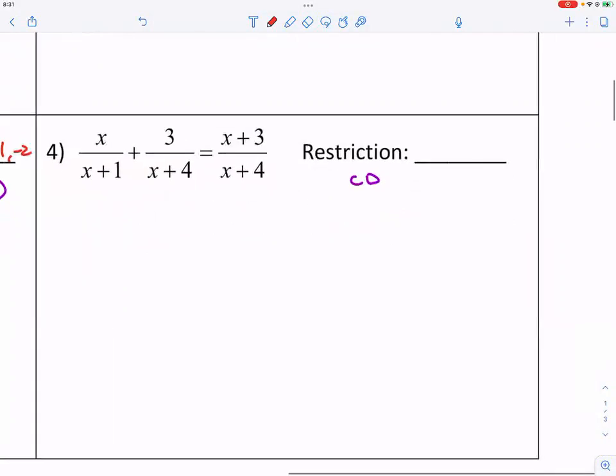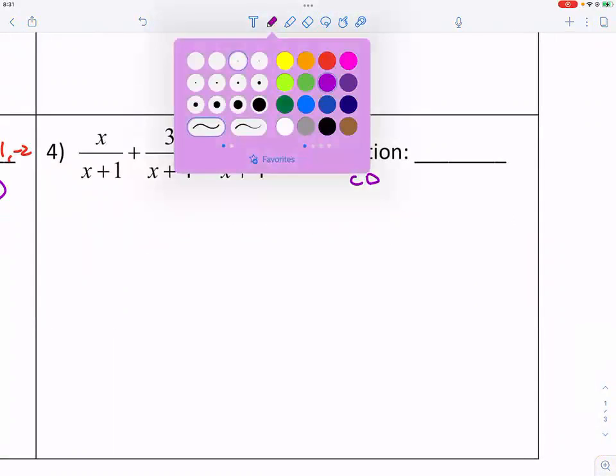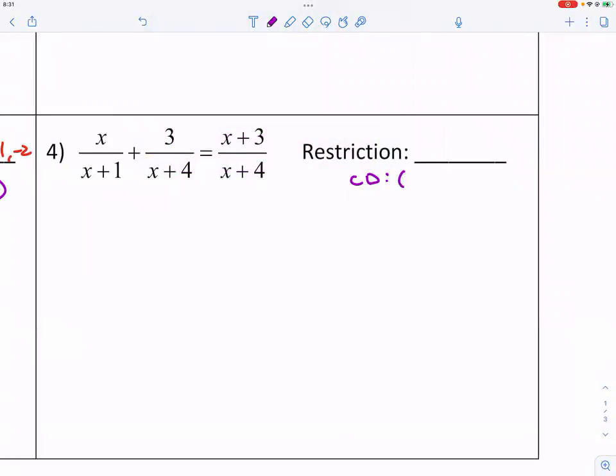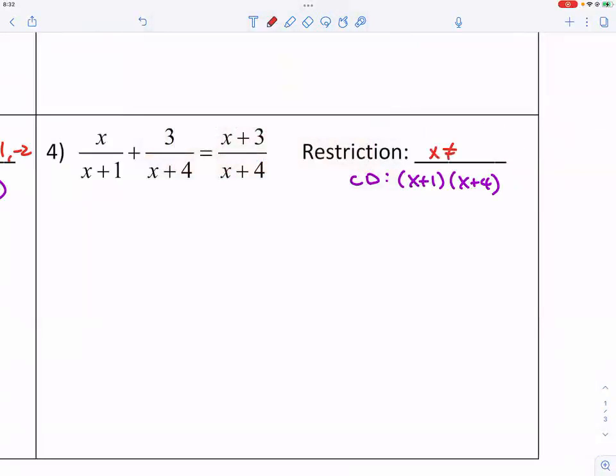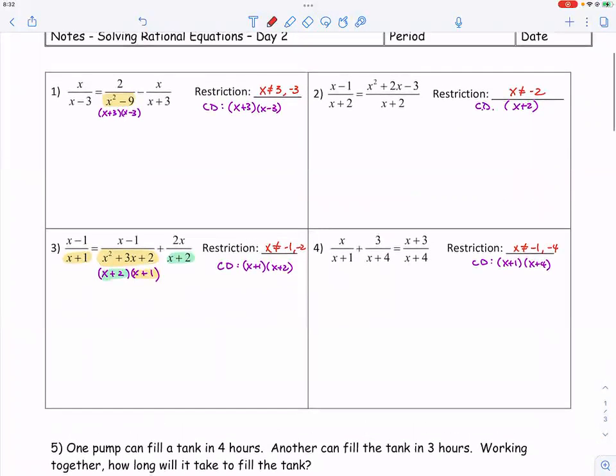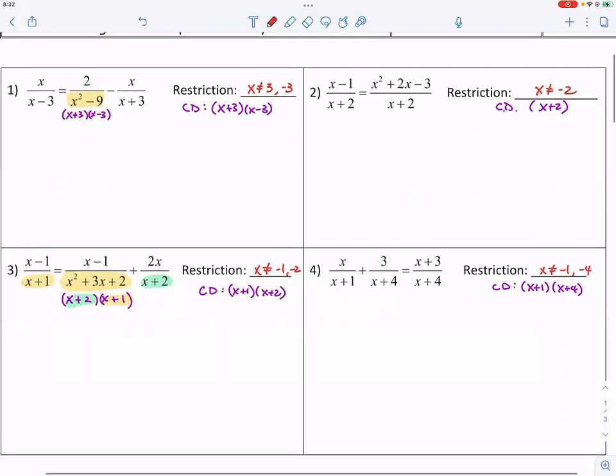And for the 4th one, the common denominator would be x plus 1 and then x plus 4. So x cannot equal negative 1 or negative 4. Before we move forward, any questions on how to find the common denominator?